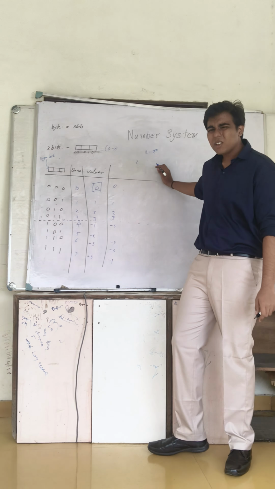So we need to understand that for negative values the sign bit must be flipped, and the computer interprets the last sign bit as the negative sign whenever it represents the number, right? And then for the min value, we will be using the procedure 2 to the power n minus 1. So here n was 3, which implies 2 to the power 3 minus 1 is equal to 2 to the power 2, which equals 4.